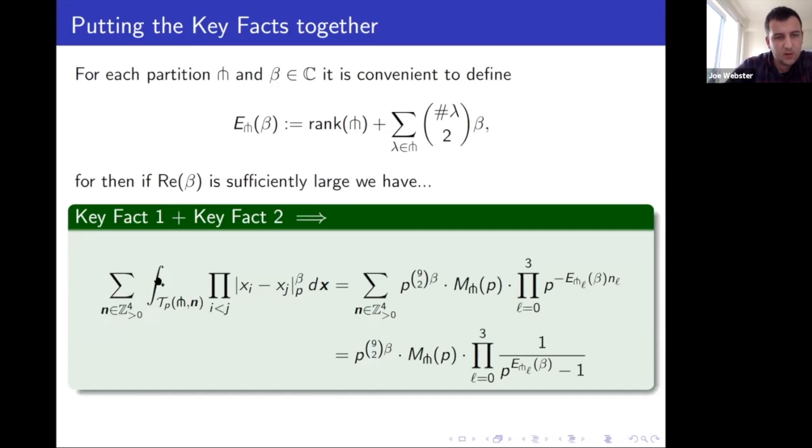Namely, if I look at the integral of this integrand over that particular set, then I will just get the product of the integrand and the measure, which is what's inside the sum here. And what I'm doing now is summing over all of the possible ways that the partitions in pitchfork could repeat.